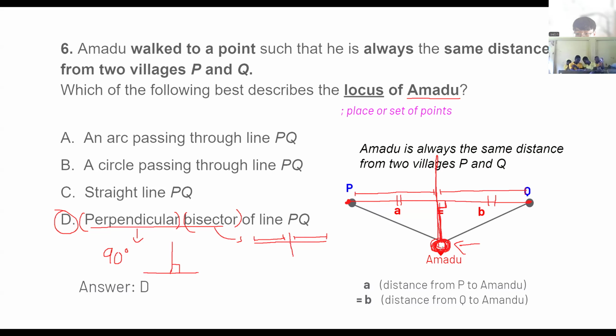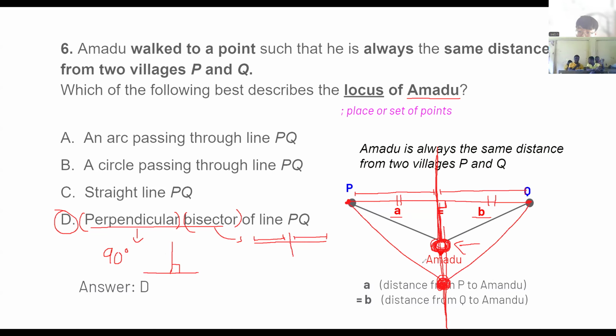Amadou's perpendicular bisector is lined all the way here. It's just cutting this line. And from any distance, A and B, this holds true. If Amadou is over here, or over here, these lengths are also equal.